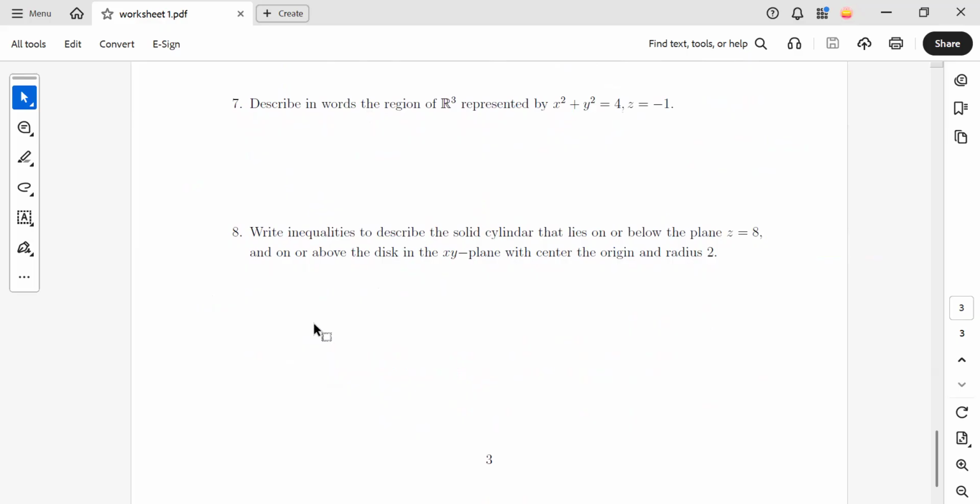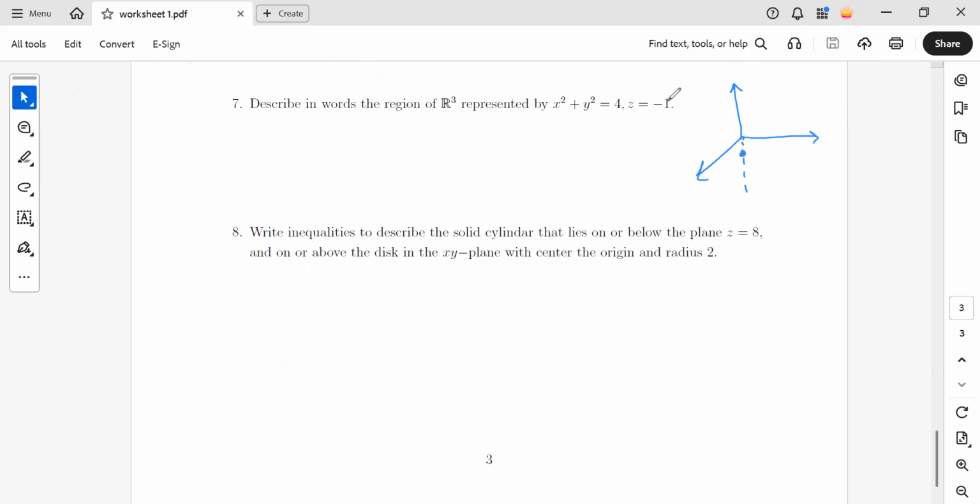Because z is -1, the points in the region must lie in the horizontal plane. We know where z equals -1 is. If this is the graph, this is the plane, z equals -1 will be a surface like this.